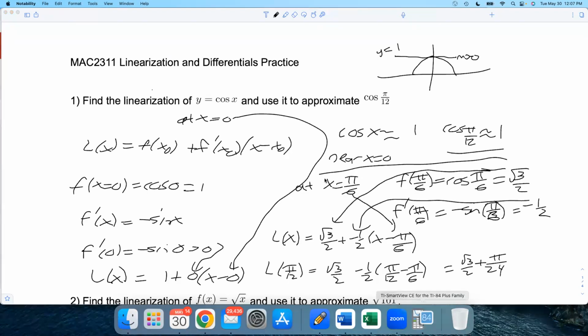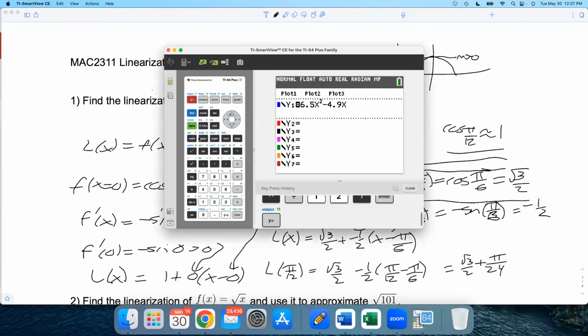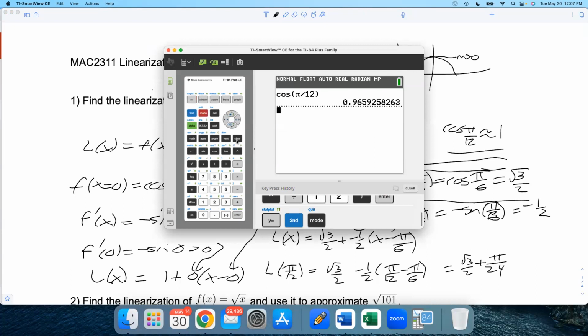We can get our calculator out and do root 3 over 2 plus pi over 24.